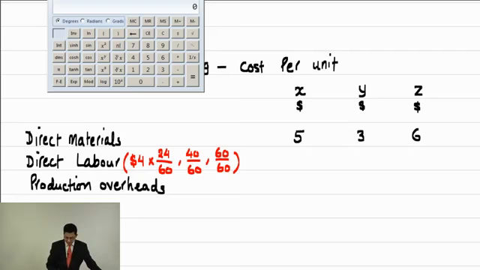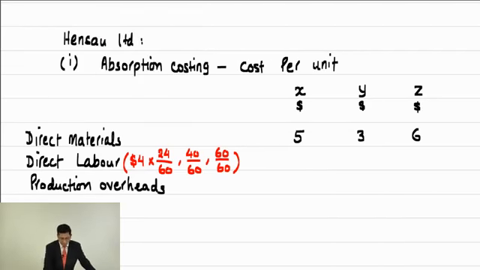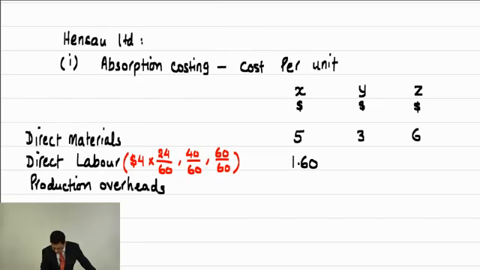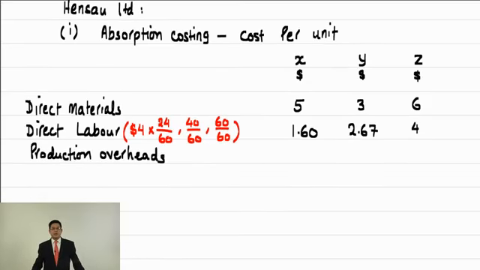Okay, so here is my calculator. 4 times 24 over 60, labor cost in 1x is 1.60. 4 times 40 divided by 60, which is 2.67 approximately, and 4 times 60 over 60 is 4. Labor cost is calculated.